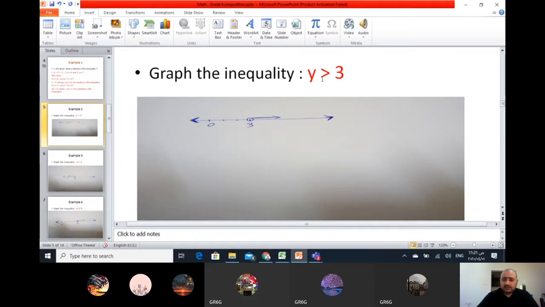Now look at the sign. If the sign is strictly greater than or less than, draw an open circle, an unshaded circle. Then determine the direction. Now here we have y greater than 3, so the direction is to the right.